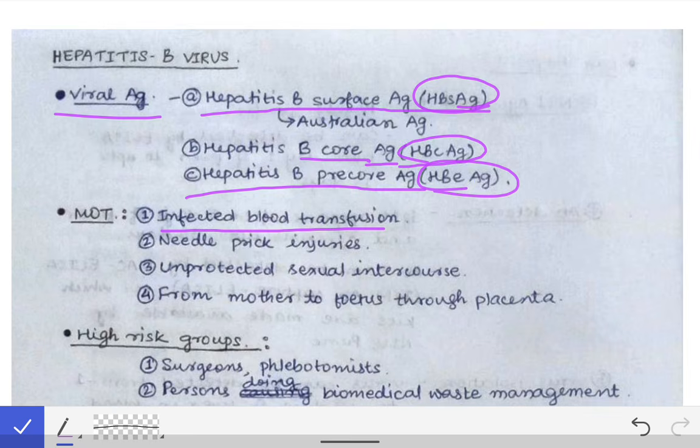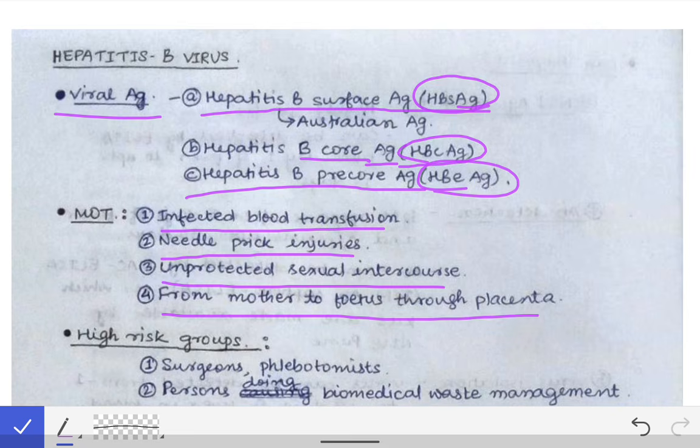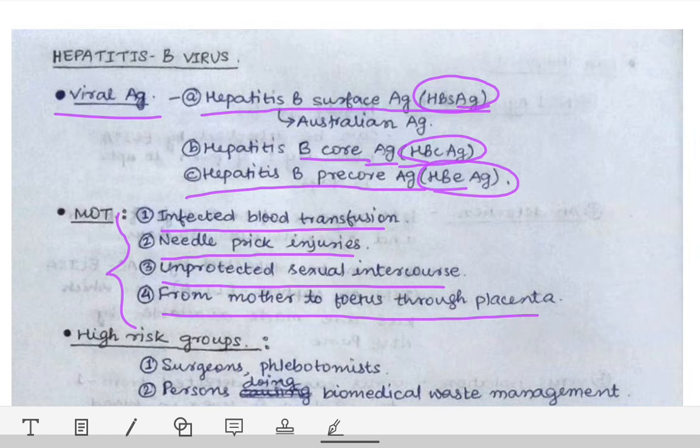This is a blood-borne disease, so it can be transmitted by transfusion of infected blood, by needle prick injuries, by unprotected sexual intercourse, and also from mother to fetus through the placenta. These are the four ways in which this virus can be transmitted.